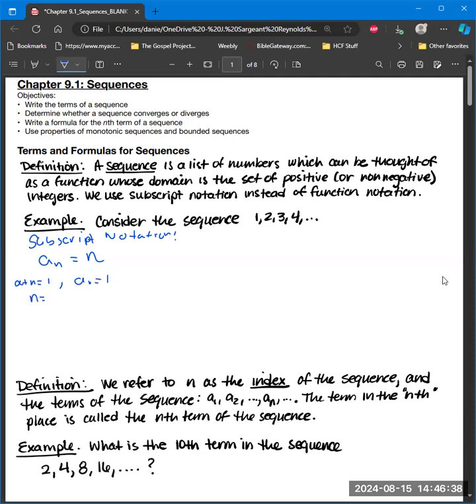At n equals 2, a sub 2 is equal to 2, and so on. If we wanted to jump all the way down to n equals 5, we could skip the ones in between and say a sub 5 equals 5, and a sub 5 is the 5th term in the sequence.